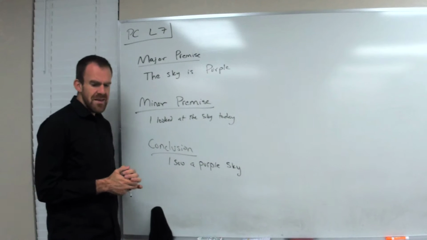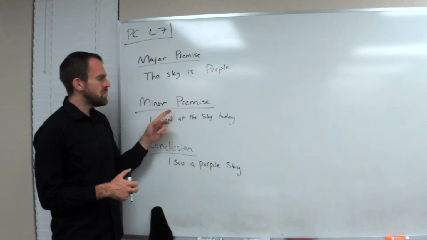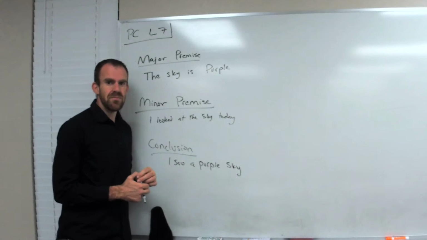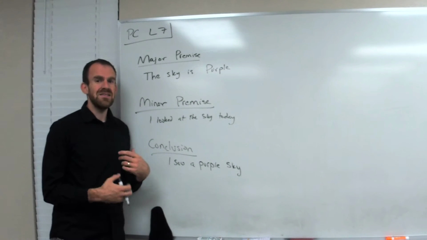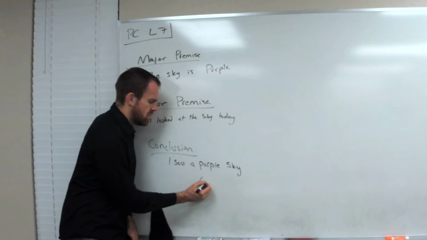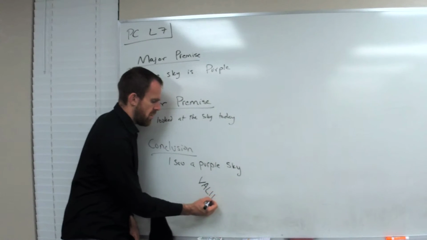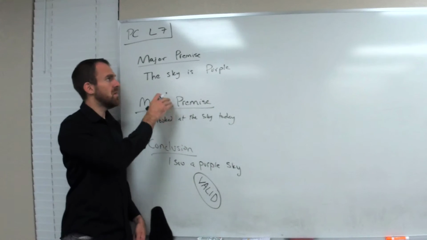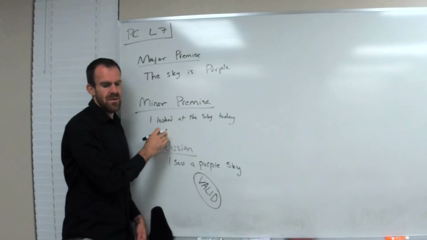Now, in these problems, they're going to give you a major premise, a minor premise, and a conclusion, and you're going to have to tell me if it is valid or invalid, if you can draw that conclusion from the major and minor premise.